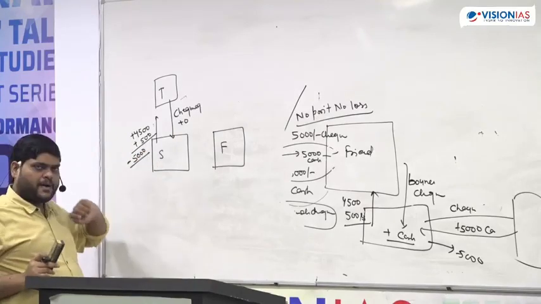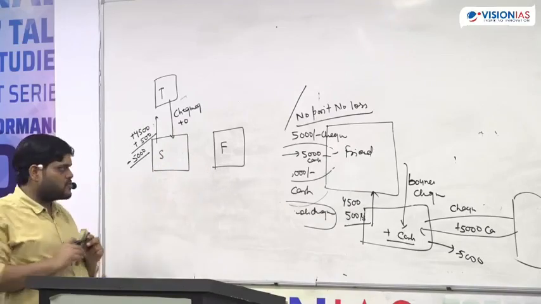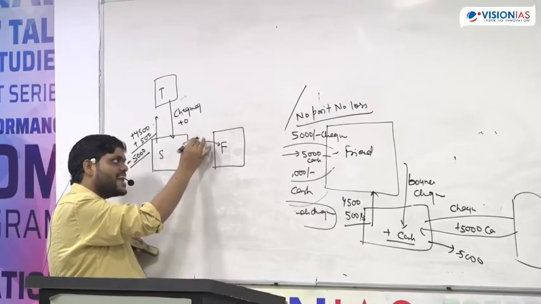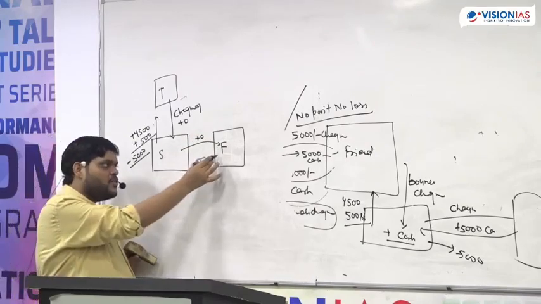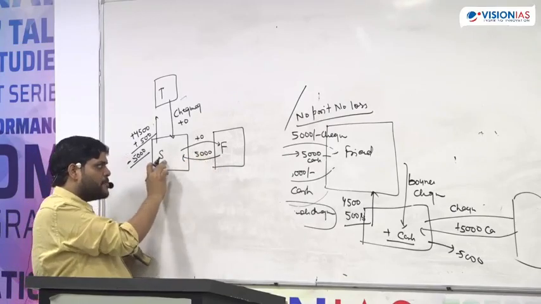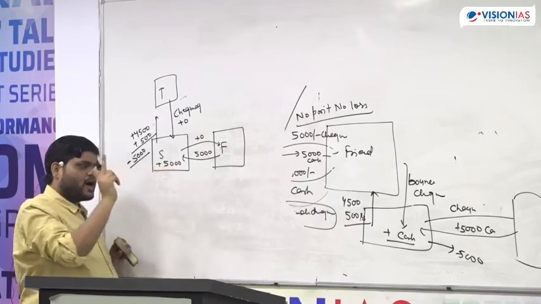Okay, this is one part. Now between shopkeeper and friend, think about this. Shopkeeper is giving a check to the friend that has zero value. Now the friend is giving 5,000 rupees. That means this shopkeeper has received 5,000 rupees.